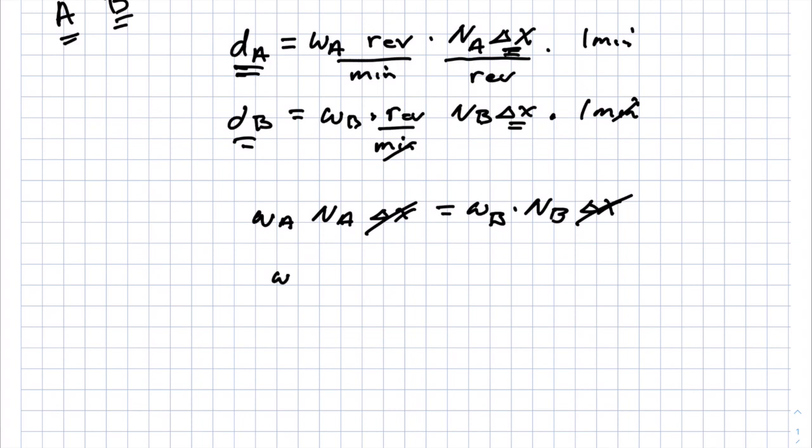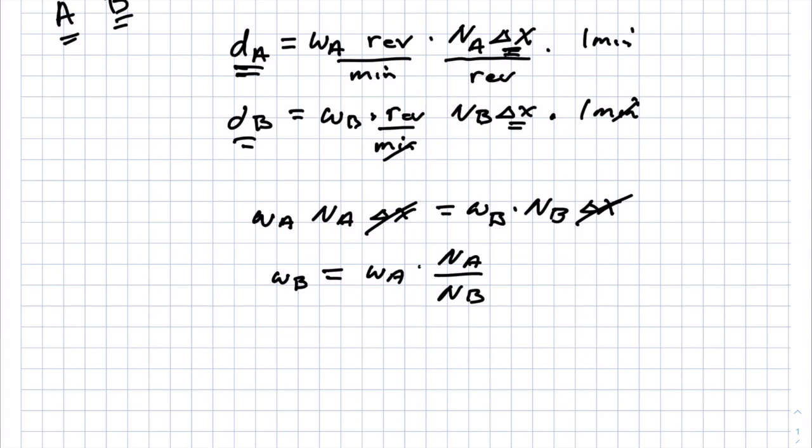I'm going to solve for omega B because I already know omega A. If gear A is rotating at a certain speed, what is gear B rotating at? I solve for omega B and I get omega A times NA divided by NB.